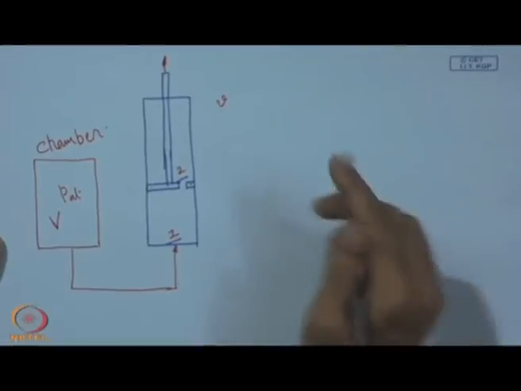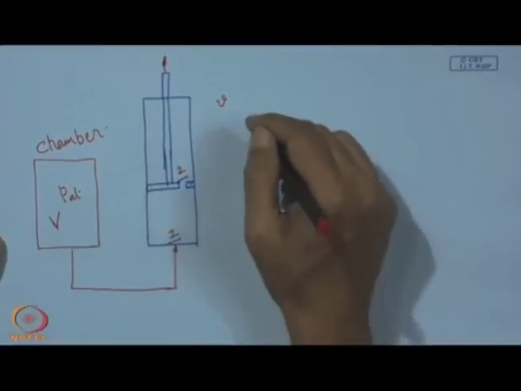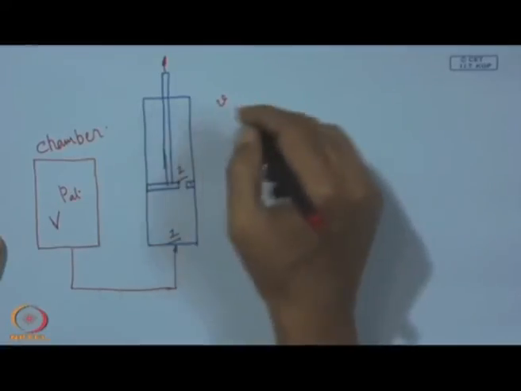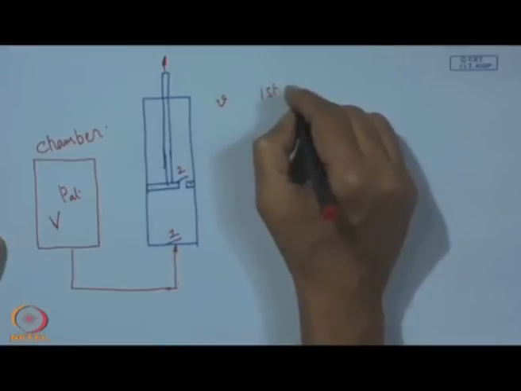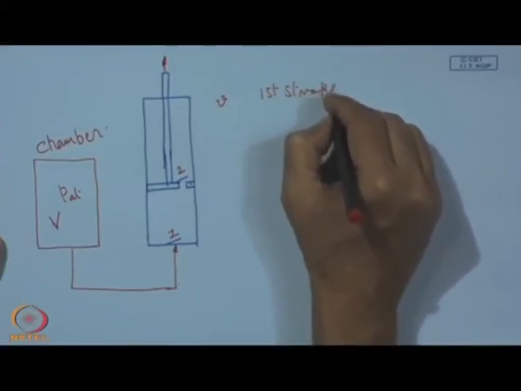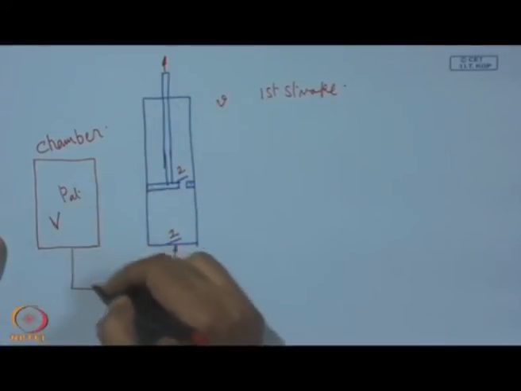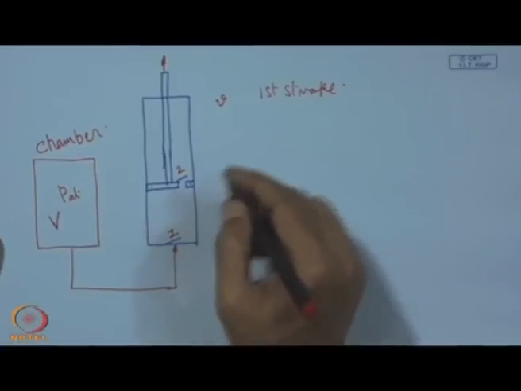Now, what we can do here, just by equating, we can write that for the first stroke, as we take it there, there will be a fall of pressure within this system because of the change in volume.